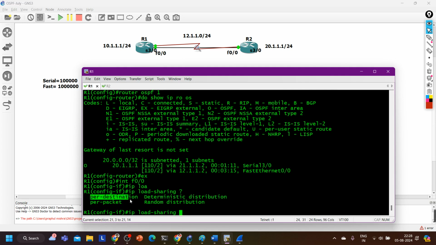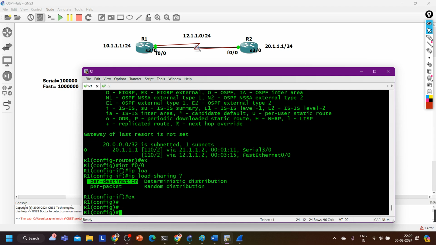See, we have two types of load balancing, per destination and per packet. By default it is per packet, but if you want to configure per destination you can, right? Let's suppose for a particular application I want to forward traffic from a separate link, from a separate path, right? So I can change the load balancing algorithm.